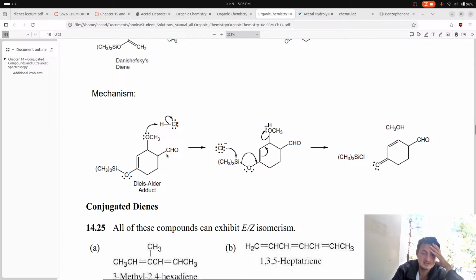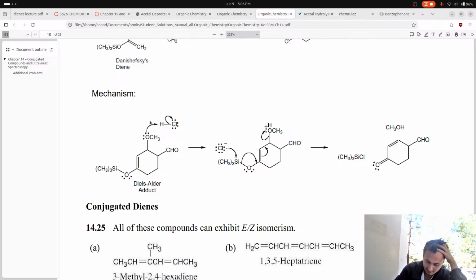Okay, so I got this. So I'm right here. Now what happens? HCl, this OCH3 takes a proton. And then the core, dude, come on, man. Some of these mechanisms suck. Like this one, I hate this one. Cl minus attacks the silicon.